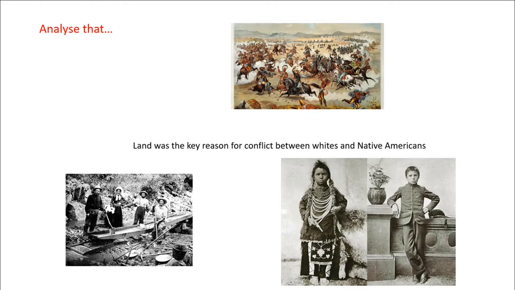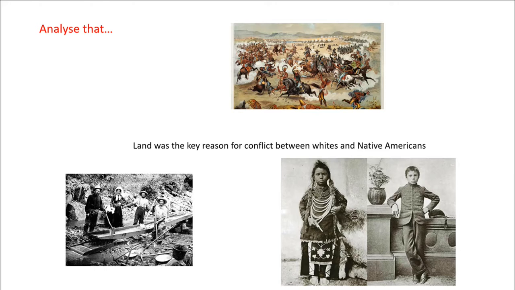So there was a cultural element that underpinned the conflict over land. There was also a racial element that underpinned the conflict. For many white Americans, Native Americans were racially inferior, and so the way in which they treated Native Americans was informed by that nascent racism that lay at the heart of American society.